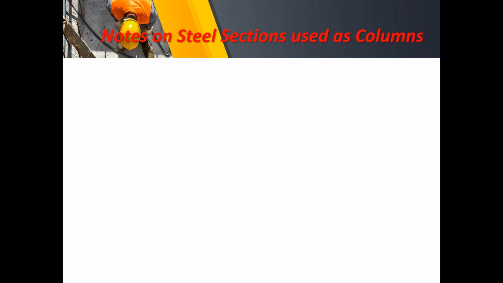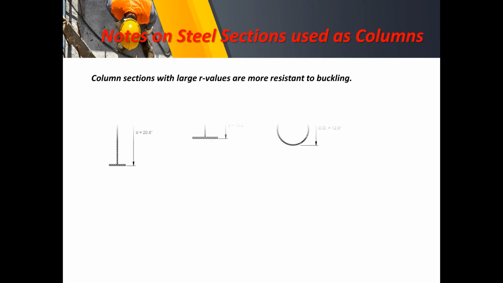So we have here notes on steel sections used as columns. Column sections with larger r values are more resistant to buckling. So take note, r values, the radius of gyration. So let us compare here three different steel sections.